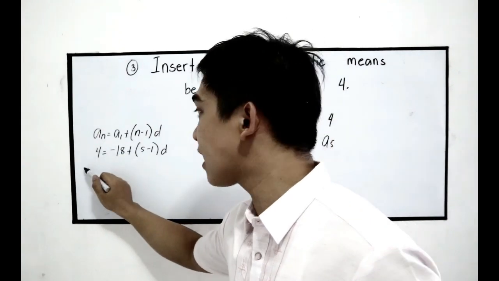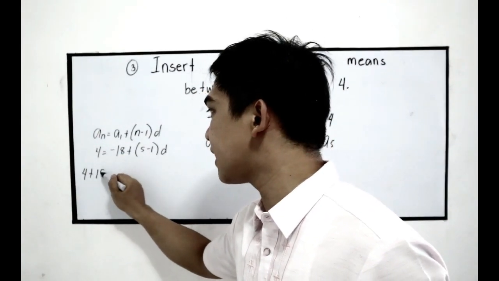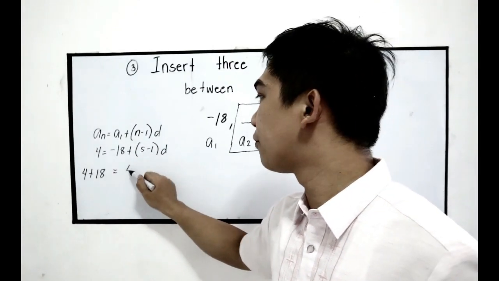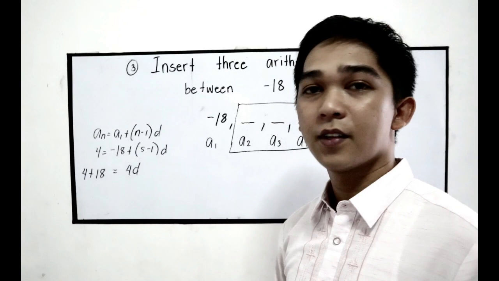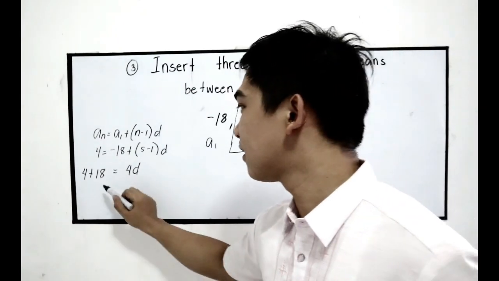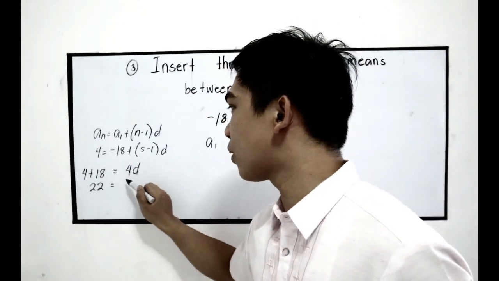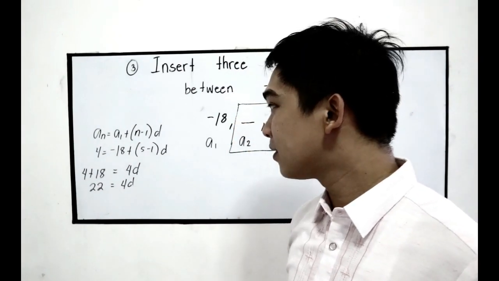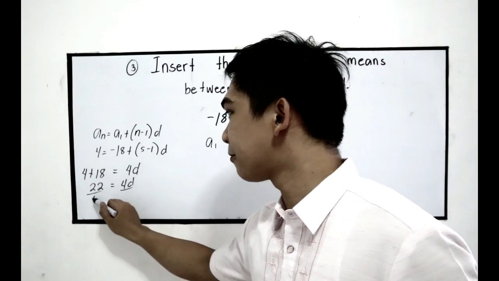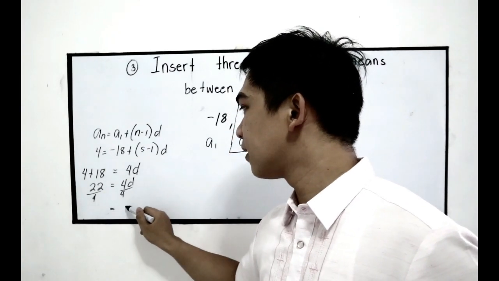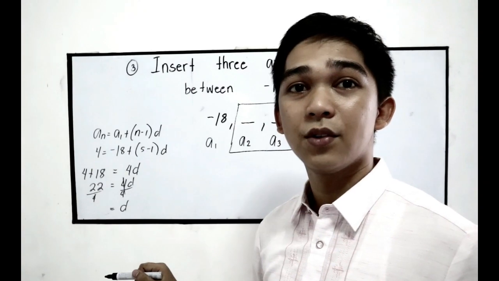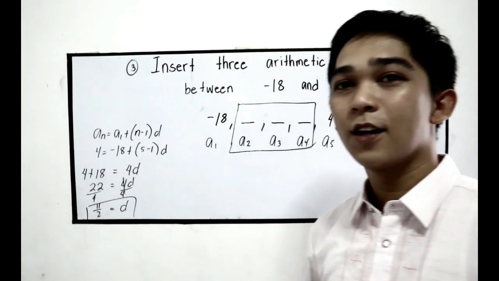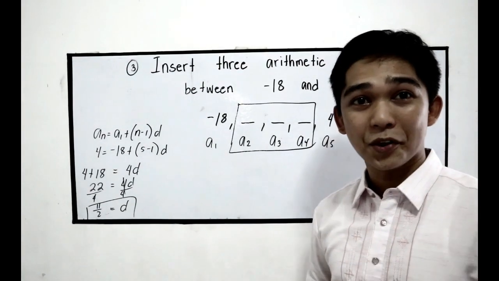Transpose negative 18, that will give us 4 plus 18 is equal to 5 minus 1, 4 times d. 4 plus 18, that is 22, is equal to 4d. Now, divide by 4. Then d is equal to 11 over 2. So d is 11 over 2.